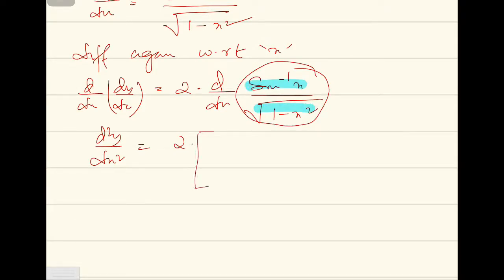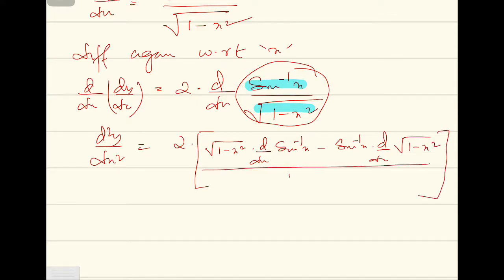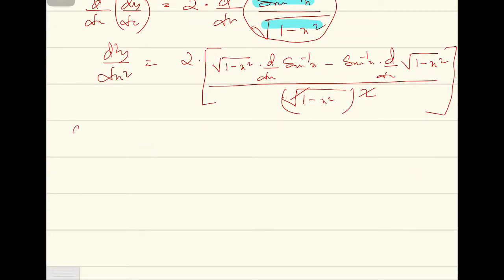So let's open bracket, and second, that is 1 minus x² into d/dx of the first one, that is sin⁻¹x, minus first one, that's sin⁻¹x, into d/dx of under root 1 minus x², divided by under root 1 minus x² whole squared. The square and the square root get cancelled, and here you have d²y/dx² equals twice, and open bracket, what is d/dx of sin⁻¹x?